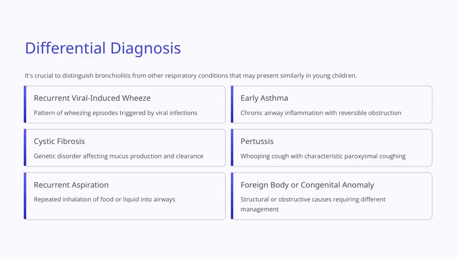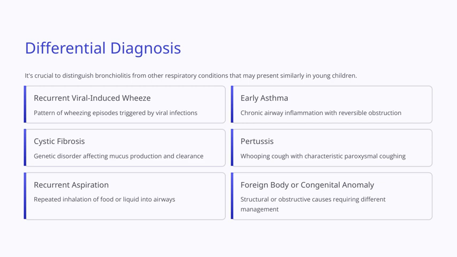Recurrent aspiration occurs when food or liquids are repeatedly inhaled into the airways. This can cause persistent coughing and respiratory infections, and it's often related to swallowing or swallowing coordination issues. Lastly, foreign bodies or congenital anomalies are structural or obstructive causes that need different management strategies.